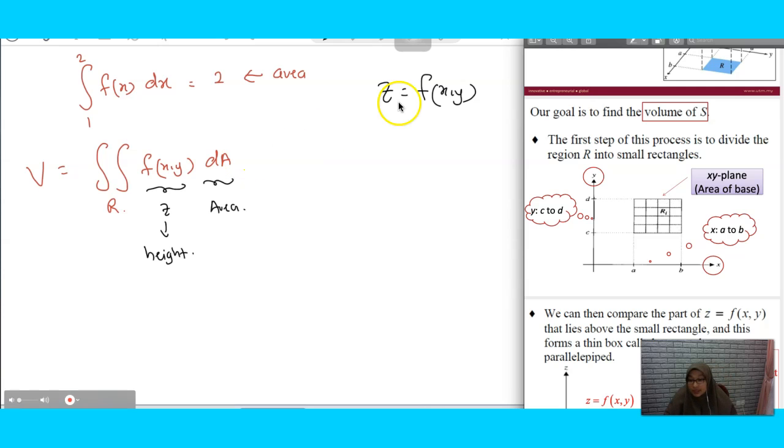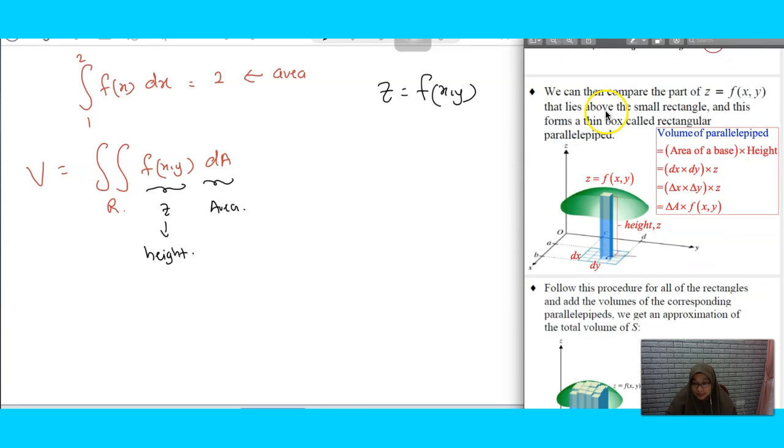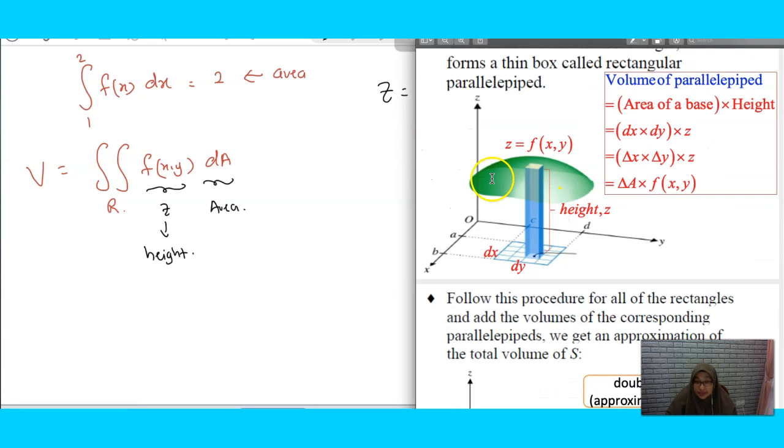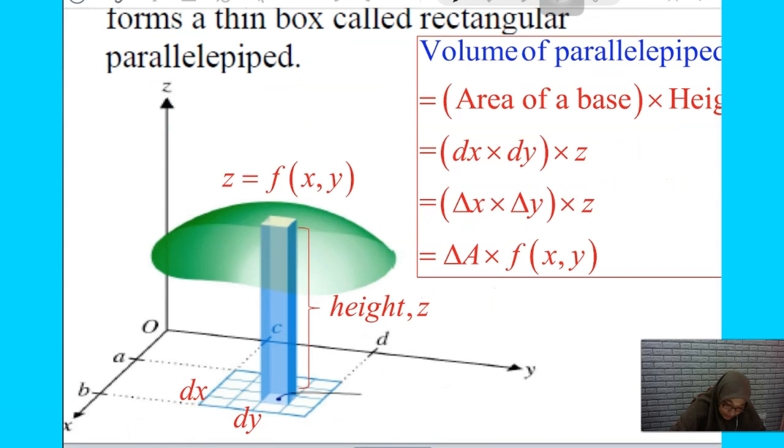Look again at this diagram that I sketched here. The green surface is the surface of the integral here. Let me transfer over here, just a second. So we are talking about double integral.